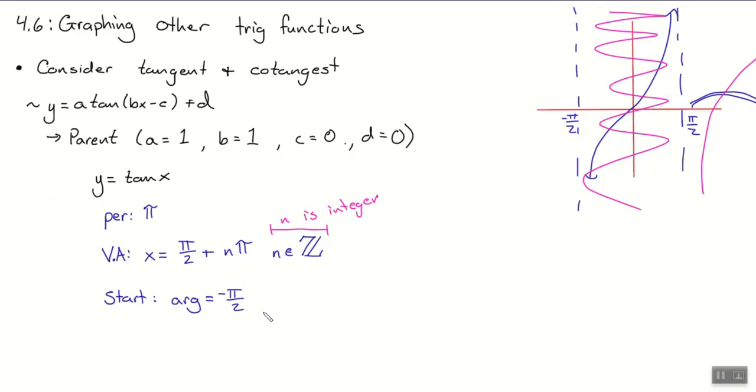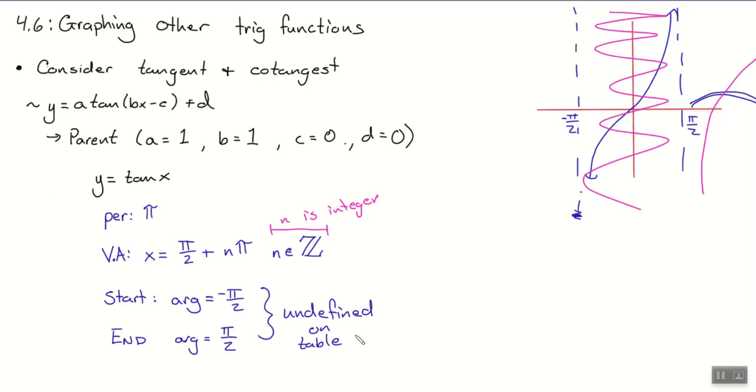Now, what winds up happening on our tables, and this is really going to be a nice thing, is our table is going to start with an undefined and it's going to end with an undefined, because we're going to start here at negative pi halves, and where are we going to end? It's when the argument is equal to positive pi halves. Now, just to make sure so we can see it, these will both be undefined. Undefined for table, or on table, whichever one makes more sense in your head.